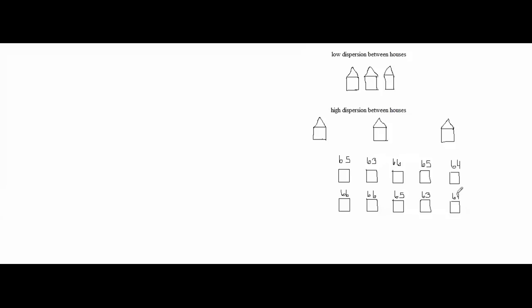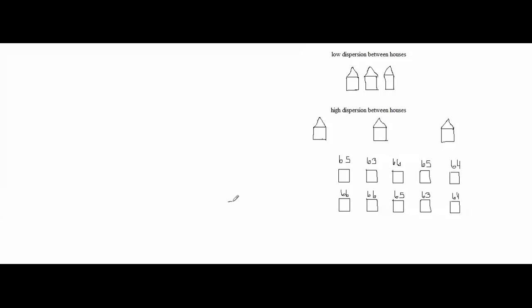We have some cars going 64, some going 63, but the speeds are all pretty much between 64 and 66 miles per hour, or between 63 and 66 miles per hour. So these cars are all driving at very similar speeds. So there isn't very much dispersion between the different speeds that these cars are driving.